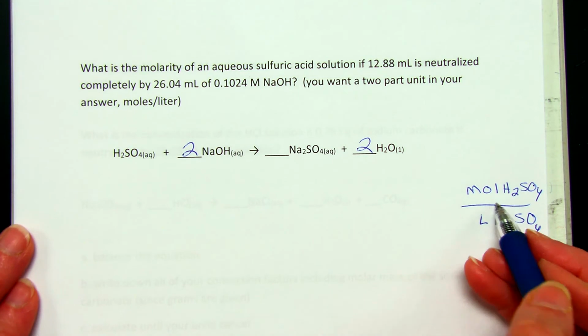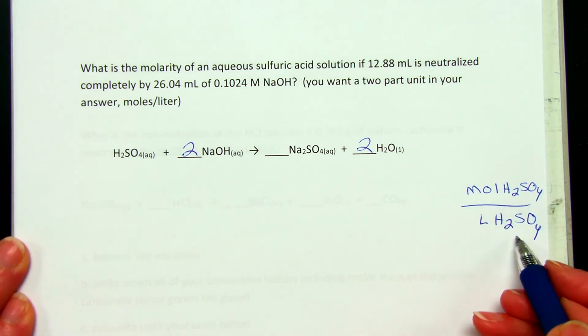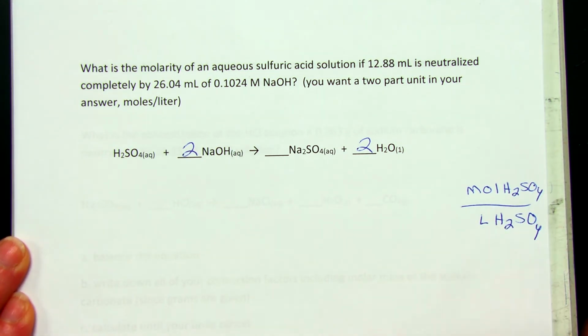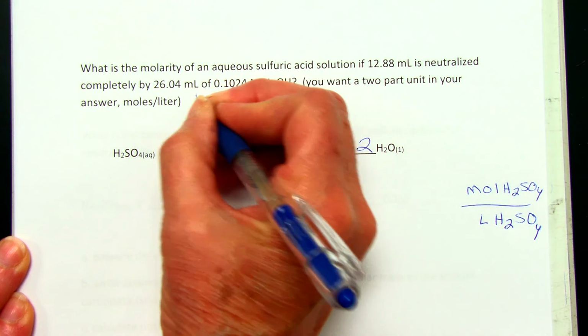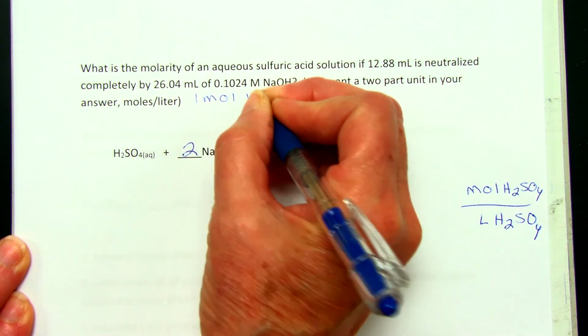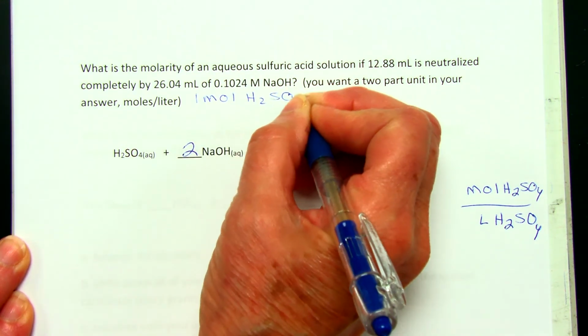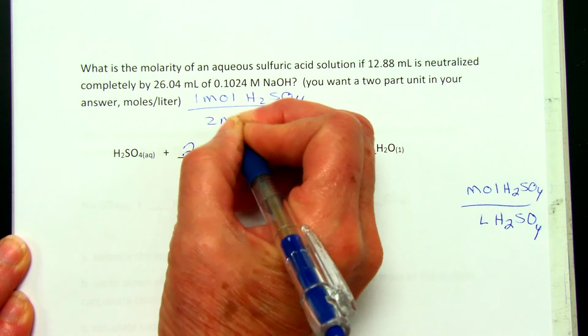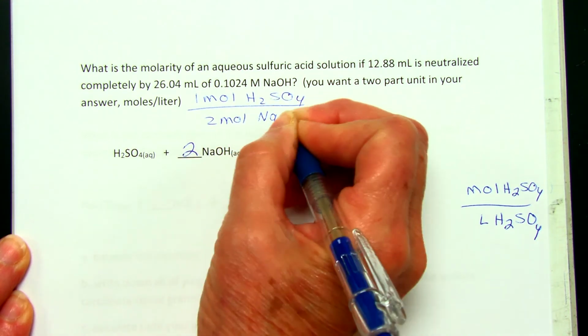We want our answer in moles of sulfuric per liter of sulfuric. So as we look at this, I have from my balanced equation 1 mole of H2SO4 per 2 moles of sodium hydroxide.